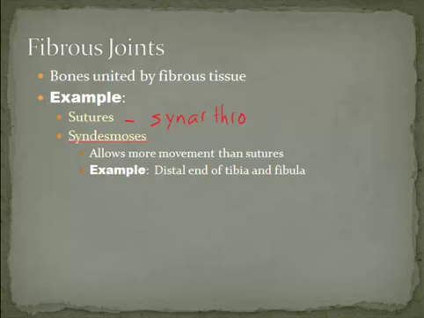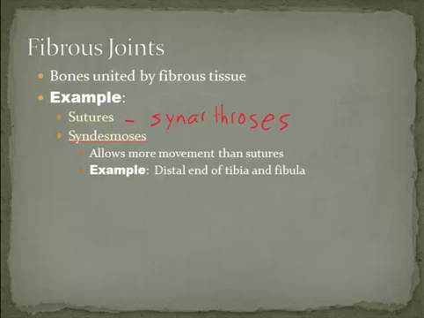They do not move at all. All right. Then there's a special type of fibrous joints called syndesmoses, and these allow a little bit more movement than the sutures, such as the ones in your skull, but they're still mostly basically immovable joints, and we find these at the distal end of the tibia and fibula.